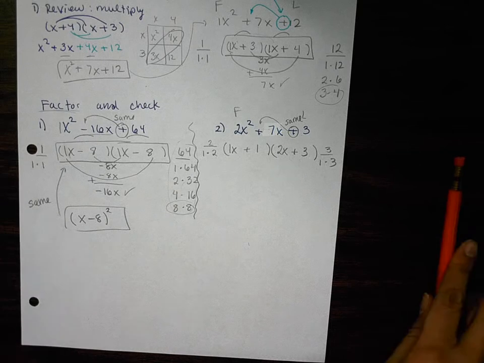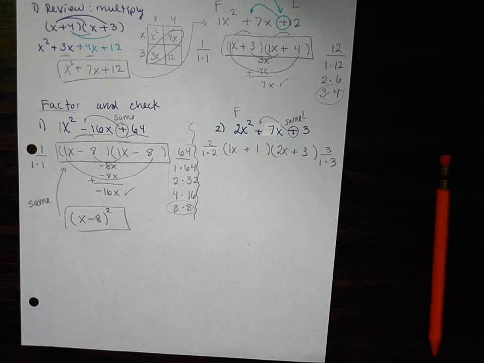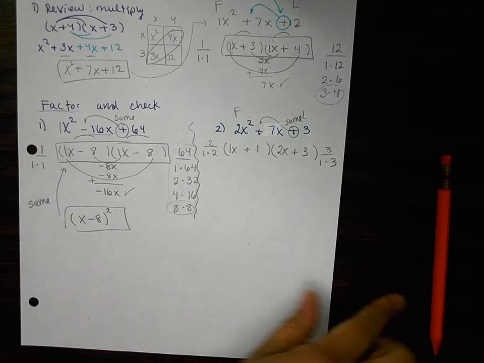Okay, so I'm just going to throw it in there as I see it. Positive 1 and positive 3. Does everyone agree that 1x times 2x is my first term, 2x squared? Yes. And the 1 times 3 is the positive 3. Does 1 plus 3 add up to 7? No, but how do I check that? I do the outside and the... Can you guys check that right now?